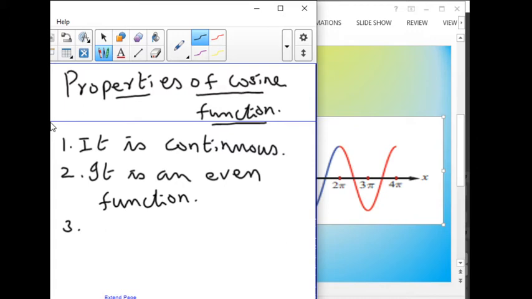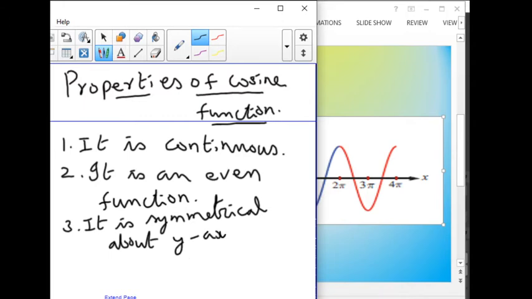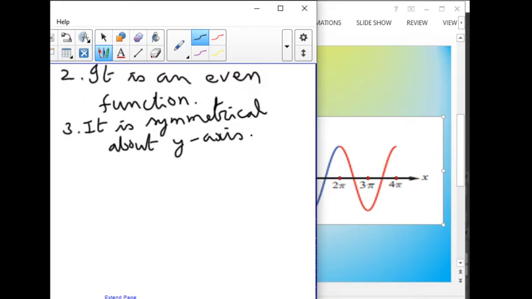And because it is an even function, the graph is symmetrical about y axis. If it is an odd function, it is symmetrical about the origin. This is an even function, so it is symmetrical about y axis.